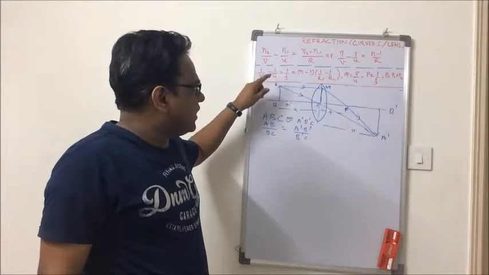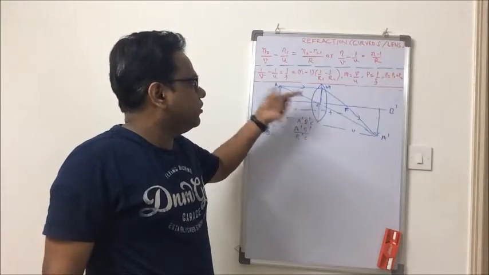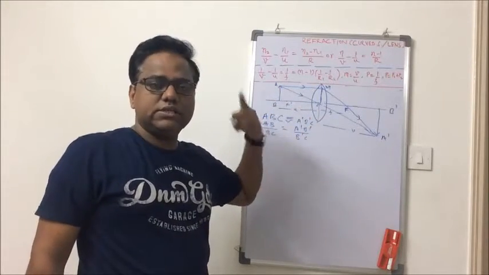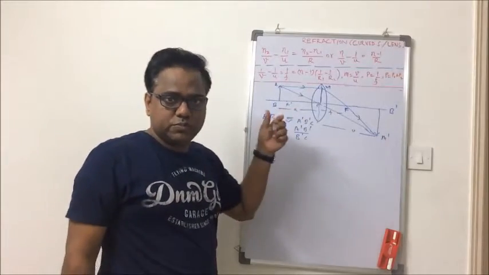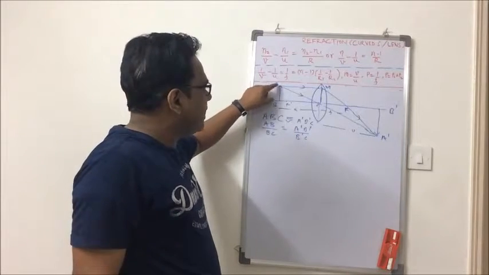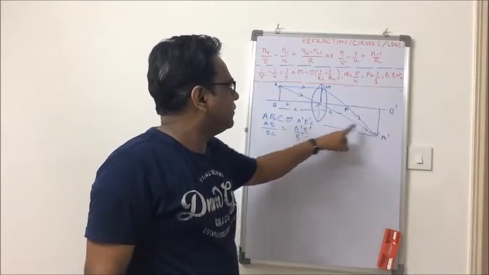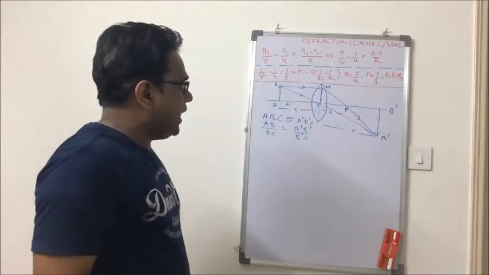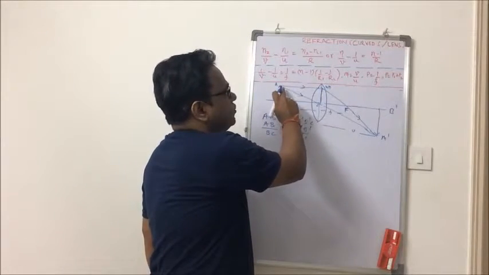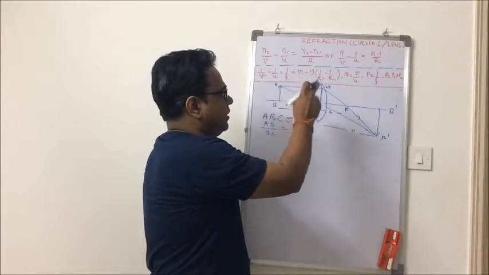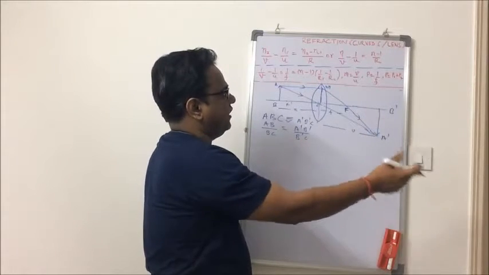We always take two triangles, one formed by the first ray, which goes through C. Similarly we did in mirrors also, the ray which passes through C forms two triangles, like this and this. And for the second set of triangles, we take the ray which hits the lens or mirror parallel to principal axis and then refracts or reflects.